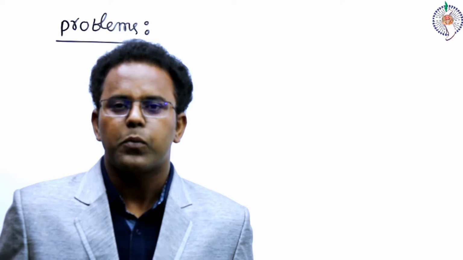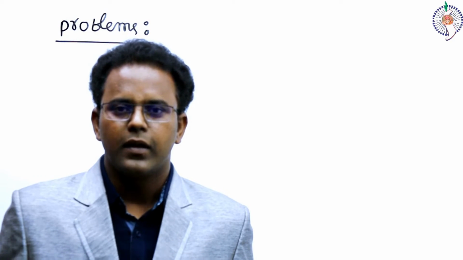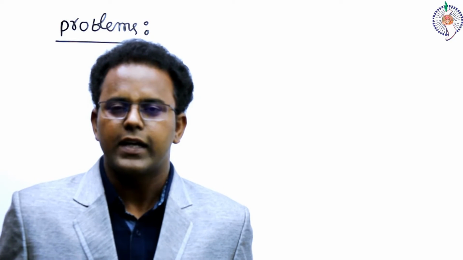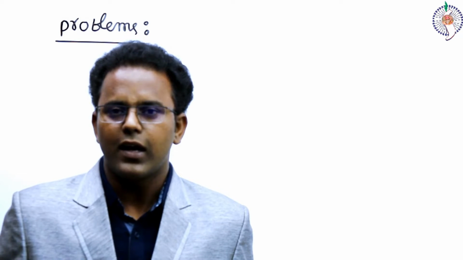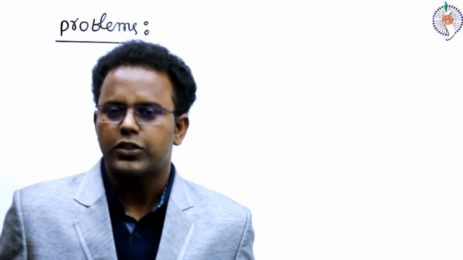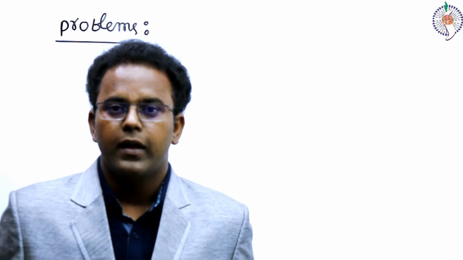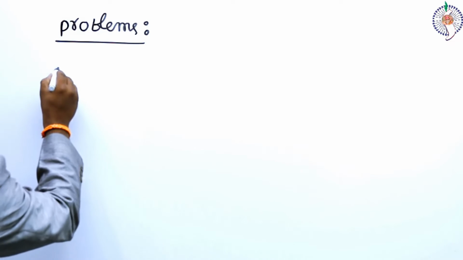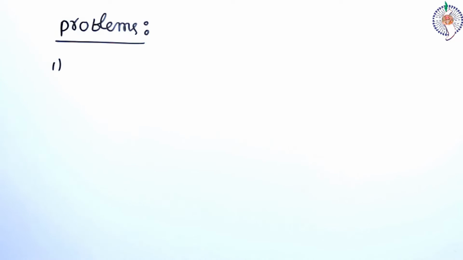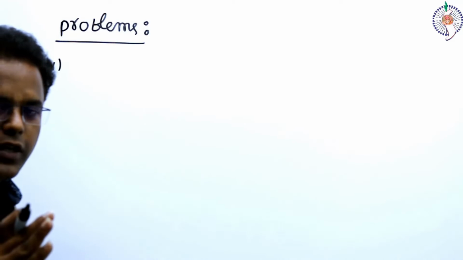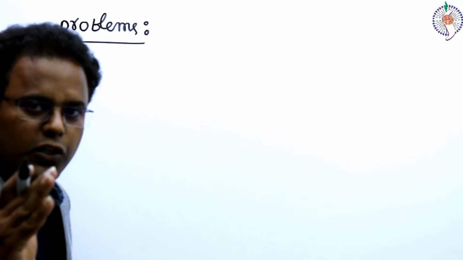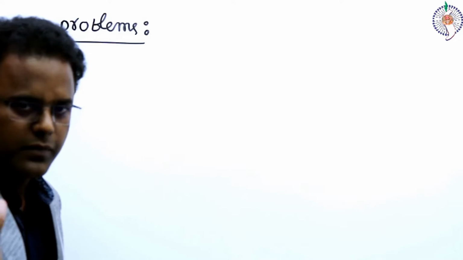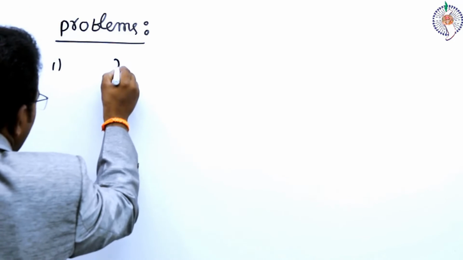Now we will see the problems on the step signal. Number of times asked in the GATE examination as well as in engineering service examination objective paper. Even in conventional also this part is needed. The first question is, represent the following signal in terms of the shifted unit step signal.